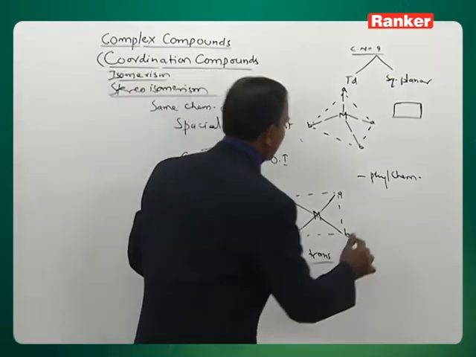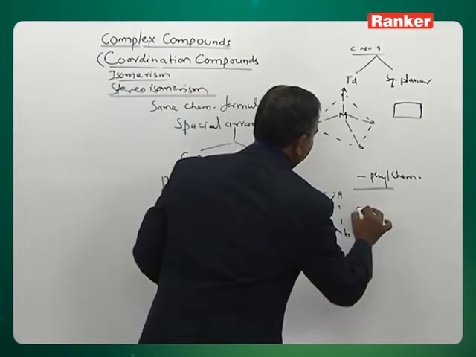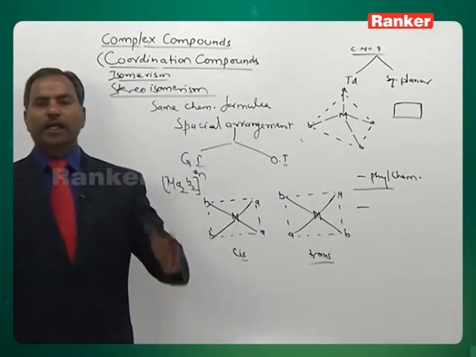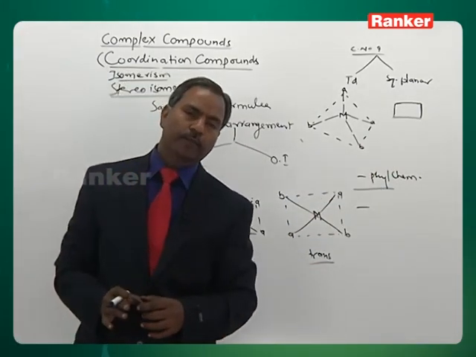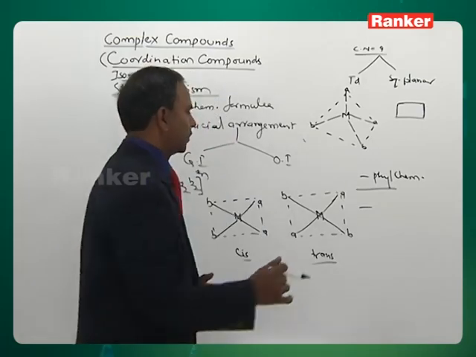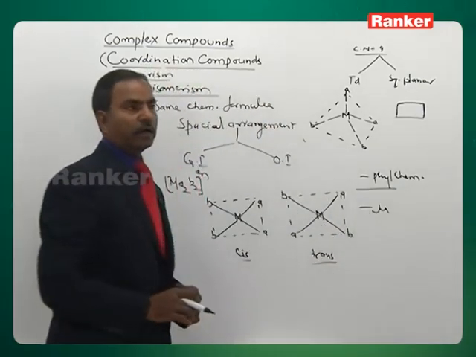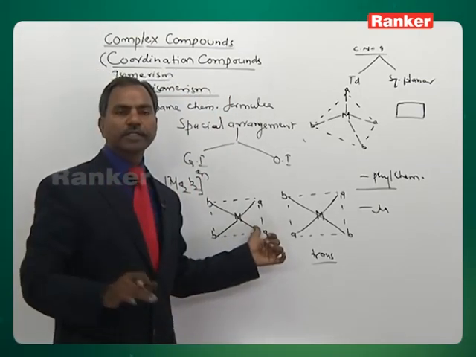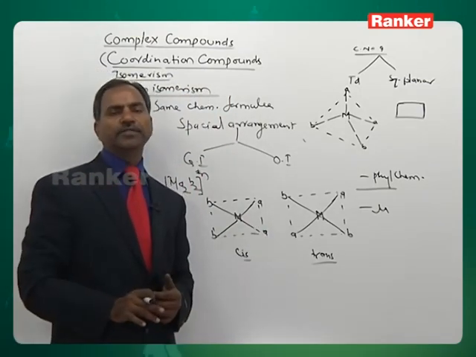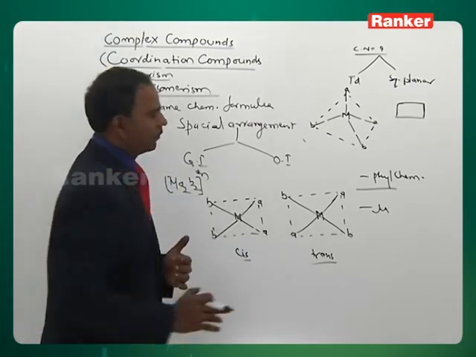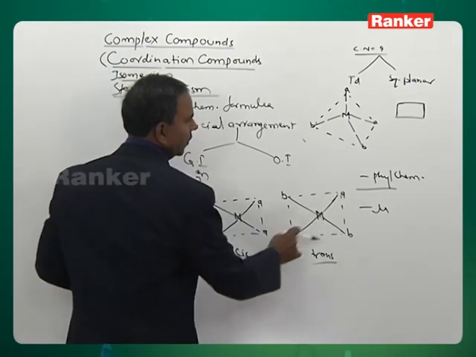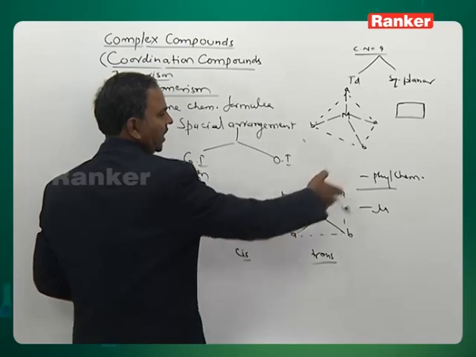Coming to the next point, how to identify these geometrical isomers. Generally, geometrical isomers are identified by dipole moment values. For a cis isomer, the dipole moment is very large. For a trans isomer, the dipole moment is 0 because the bond moments are in opposite directions.